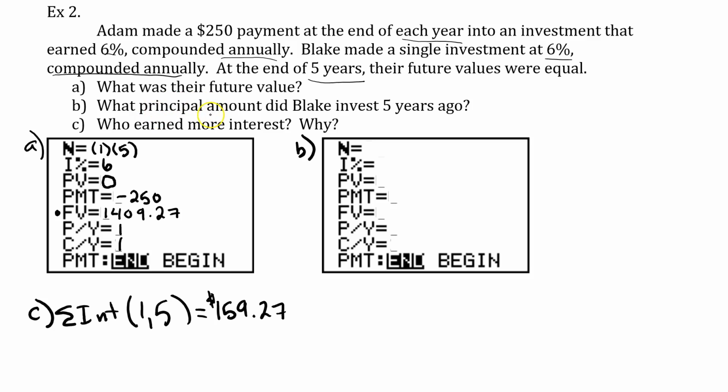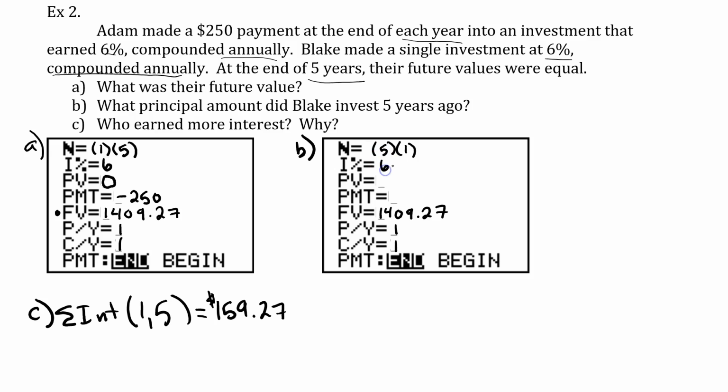All right, so let's figure out what Blake's present value is. So we're looking at right here: what principal amount did Blake invest 5 years ago. We know that the future values after 5 years are the same. So I'm just going to put my future value here as $1,409.27. What's cool about this question is that the compounding periods per year is still annually, it's just 1. 5 years is still the same.